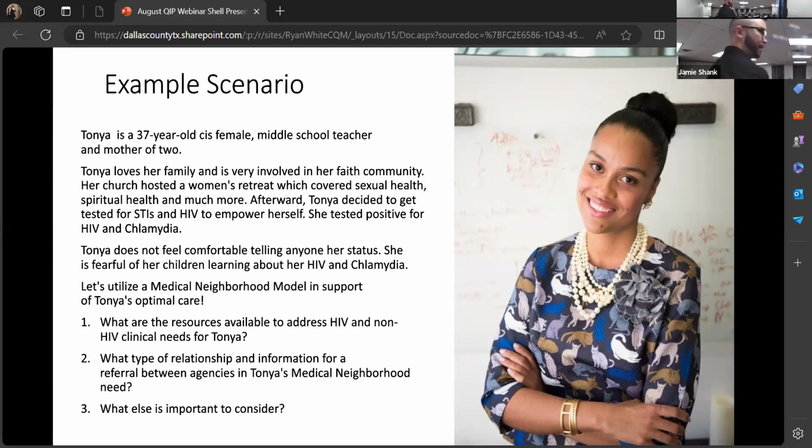For me personally, I think the first resource I would definitely look to is obviously Dallas County. It obviously depends on where she was diagnosed and what that referral process looks like. But for her specific situation, I would probably recommend Parkland because they have more services for women than a lot of other agencies do in Dallas. It's more inclusive and has more availability.